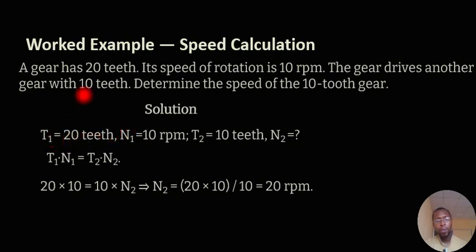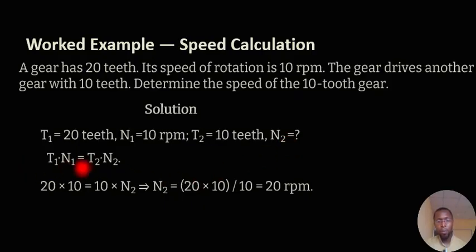So we are given the first gear with its number of teeth to be 20. That is T1 is 20. And its speed is 10 RPM. So N1 is 10 RPM, that's revolutions per minute. And then the second gear has 10 teeth as well. So we have T2 to be 10 teeth, but we have to determine the speed of the second gear, which is our N2.